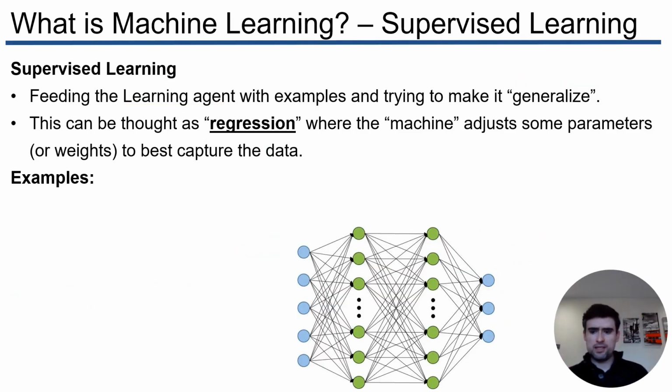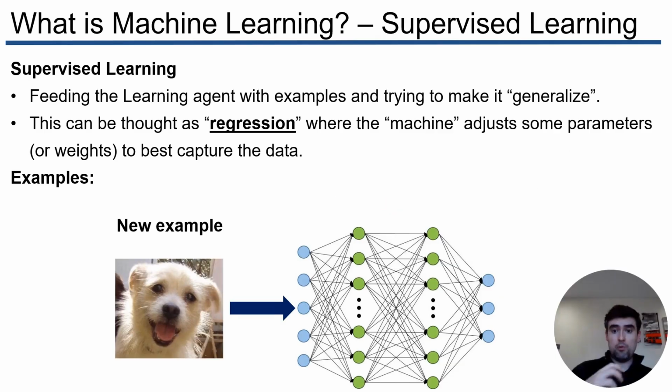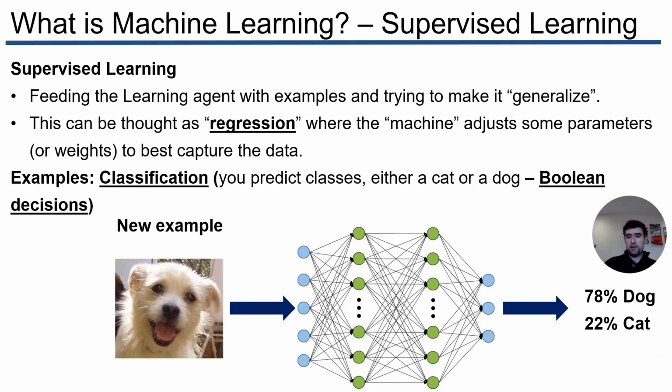So, some more specific examples. Let's start with the one that we saw before. You have, for example, a neural network, which is the typical machine learning example. You would feed it images of cats and dogs, and you would tell it, these are cats, these are dogs. Once you get a new example, a new dog in this case, the neural network is able to tell you, well, with some probability, this is a cat, with some probability, this is a dog.